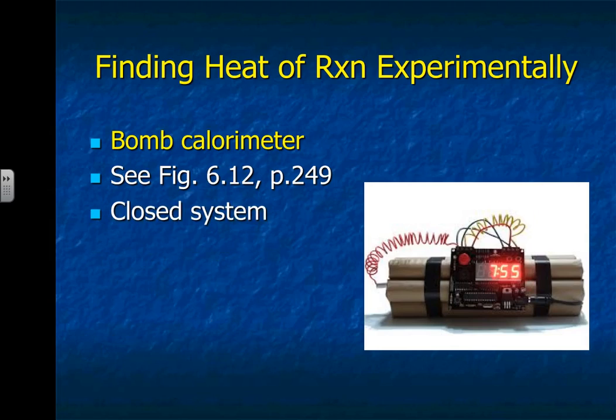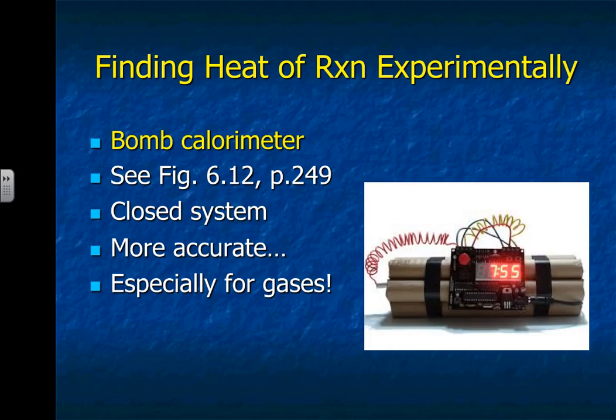Unlike the coffee cup variety, where it is definitely possible for heat to escape, in a bomb calorimeter there's no chance for any heat to escape because it's all completely sealed. So you can get a very accurate temperature change, and you're not going to lose any to the environment. It is way more accurate, of course, but what we will do is totally fine.